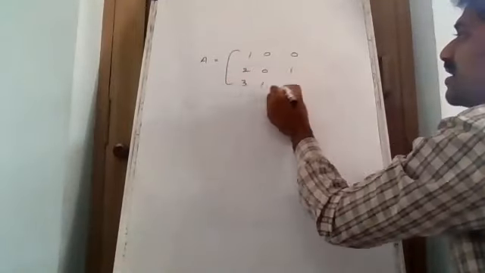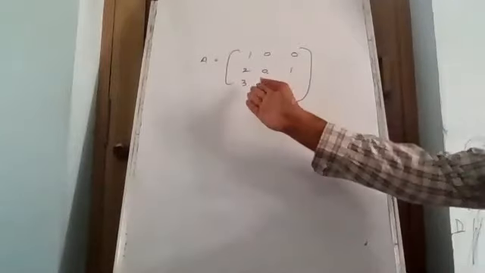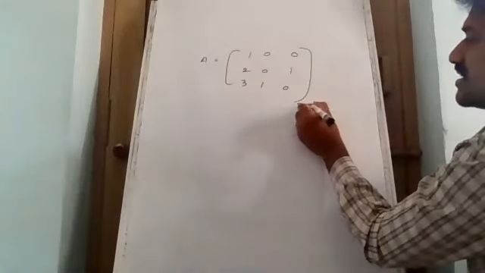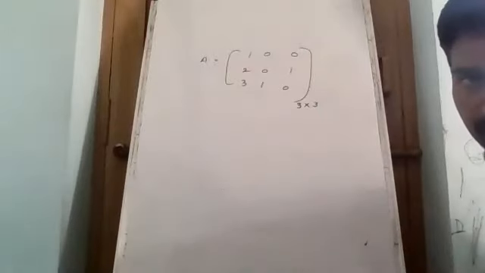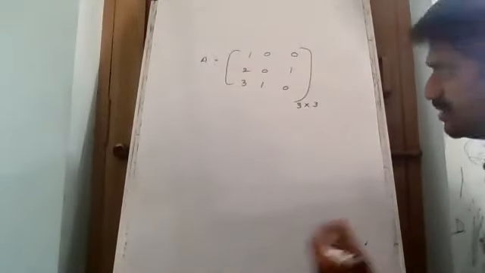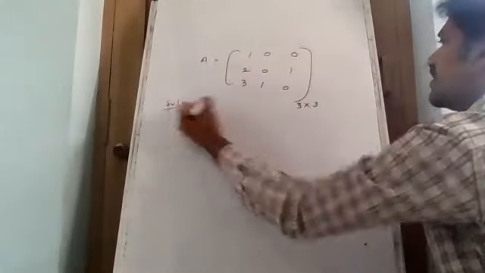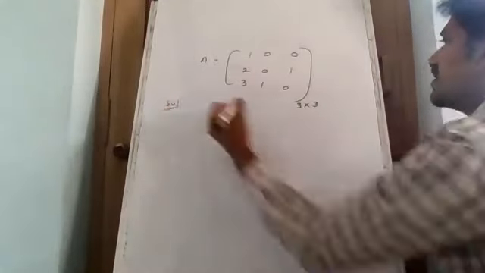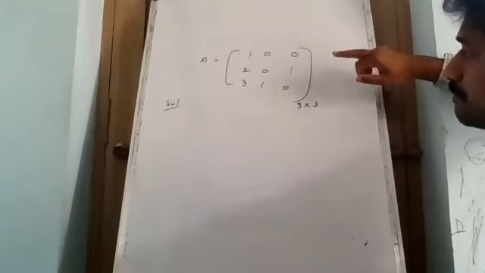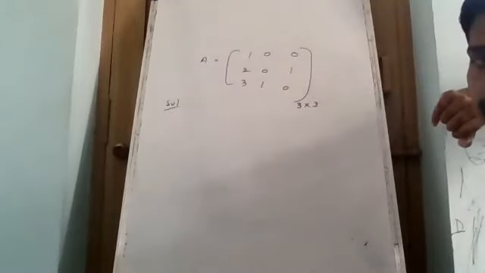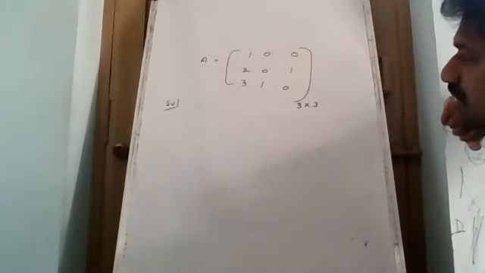Clearly it is a square matrix of order three by three. Initially, we start this problem with capital A equal to 1 0 0, 2 0 1, 3 1 0.